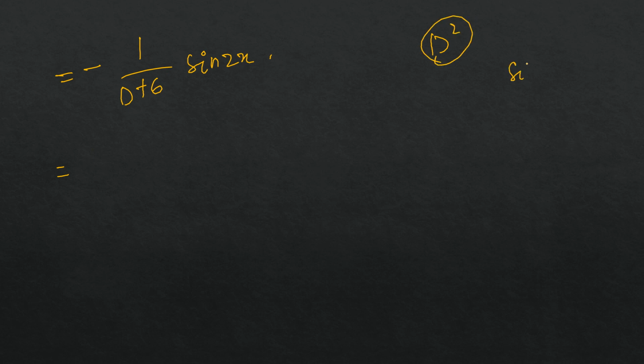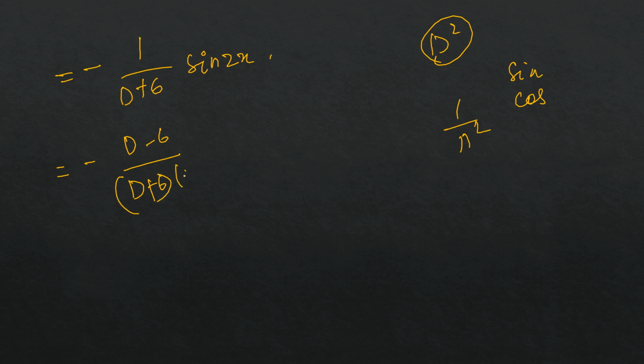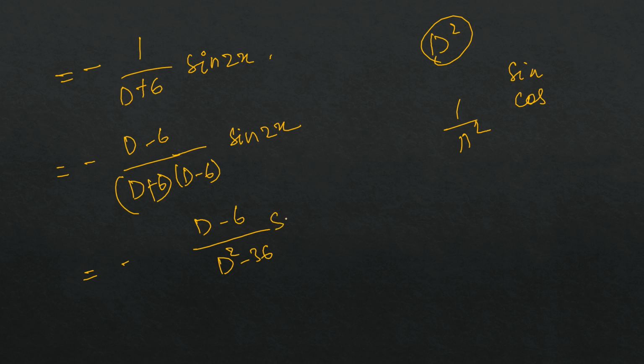For calculating sine and cos, we need a square term like D square. D only won't work. So I will multiply D minus 6 in both numerator and denominator. So minus of D minus 6 divided by D square minus 36, sine 2x.